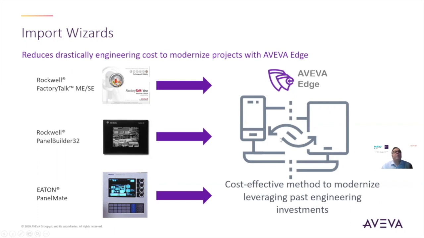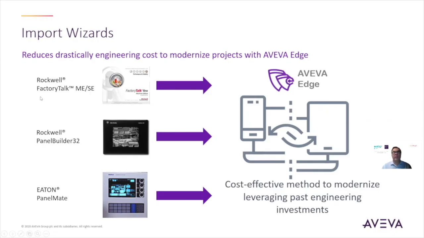But then what you end up with is, at your choice, your discretion, you can have the project look like these different products, or you can enhance that and take advantage of the tools, the animations, the visibility of the different objects within AVEVA Edge, and then take that above and beyond.